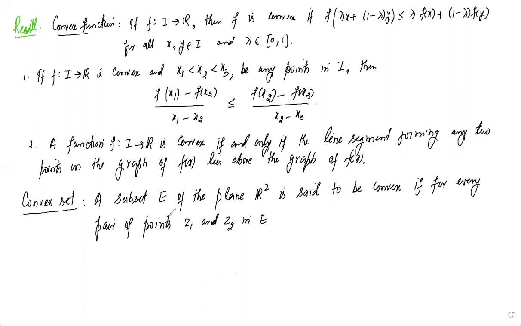Since the subset E is contained in R square, Z1 and Z2 are ordered pairs.